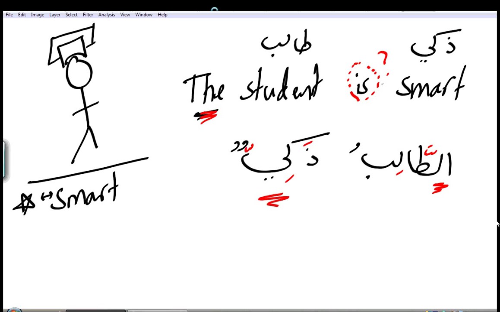So if you want to say a sentence in this form, so we're saying that the something is something, so the student is smart, we just say al-talibu dhakiyun. We just put what we're trying to describe and then the piece of news that we have about that thing, or that object, or that student in this case.